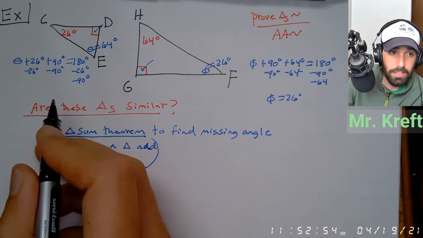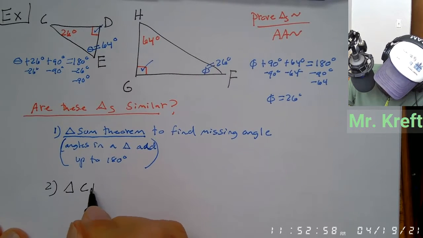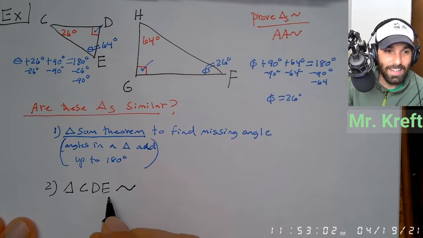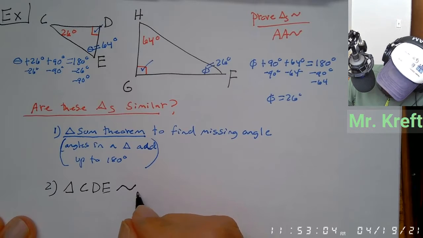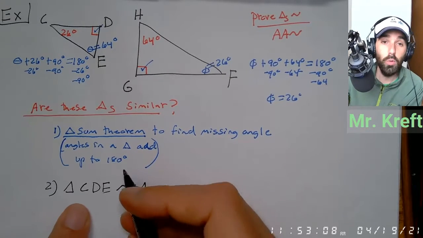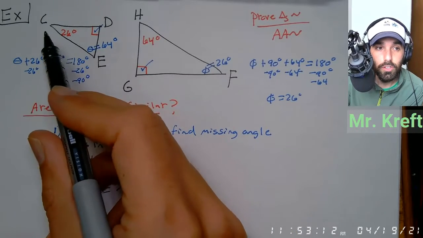And then 2, I can say here now, triangle CDE is similar. Ooh, look at that. Is similar to triangle. Now, corresponding parts still matter. So how are we going to do this? Well, angle C is 26.